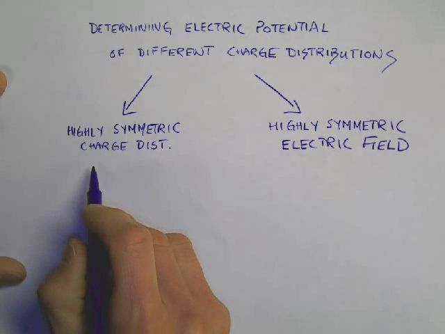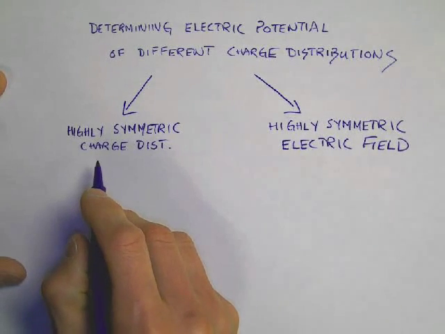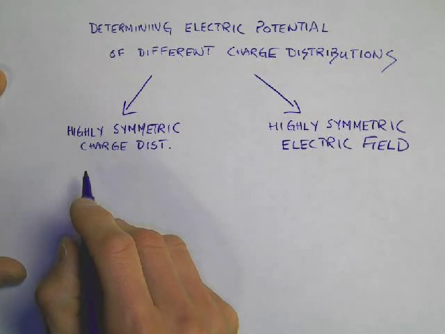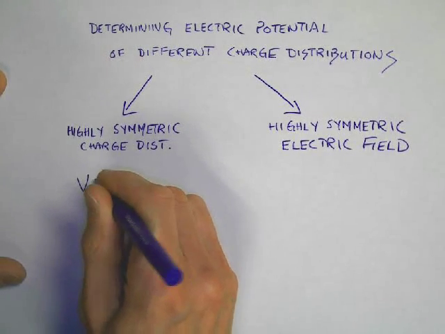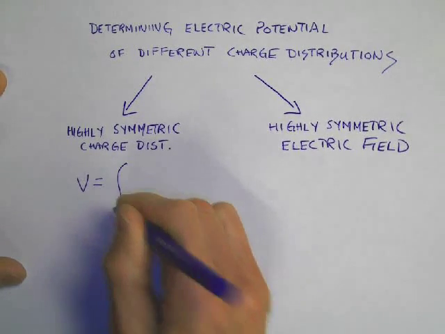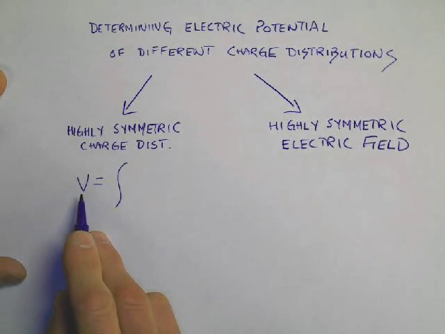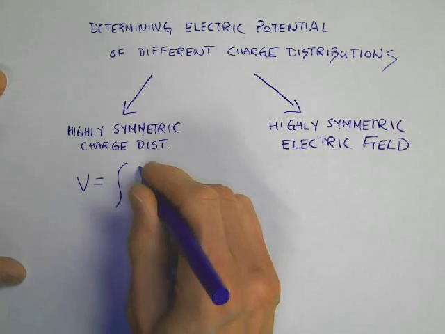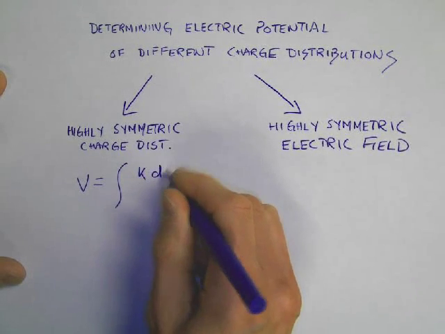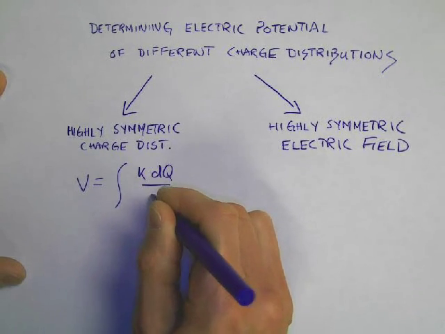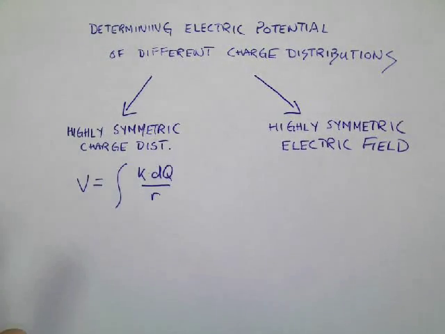In the case of the charge being highly symmetric, the approach that we're going to use is basically to integrate the point charge potential. So we're going to determine the electric potential by doing an integral of k dq over r.